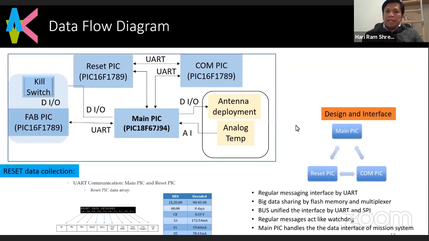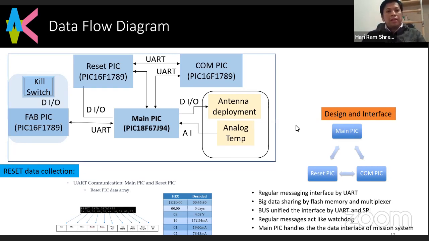So this is the data flow system. The reset PIC and the FAB PIC are the important components in the EPS. If we see here, the main PIC, reset PIC, and communication PIC communicate with each other properly.